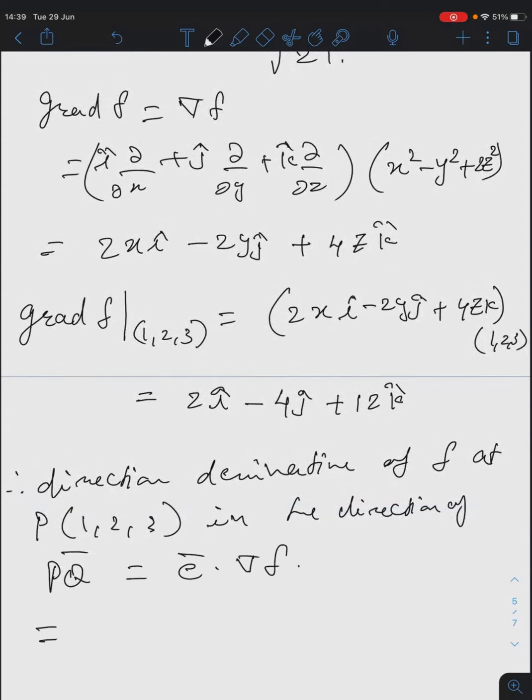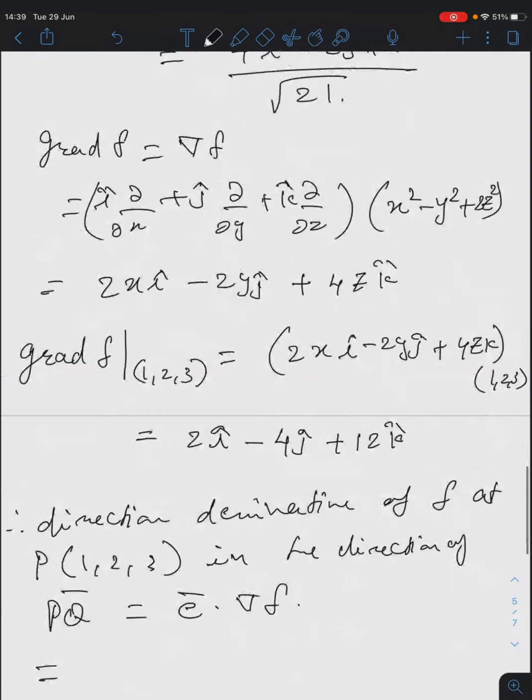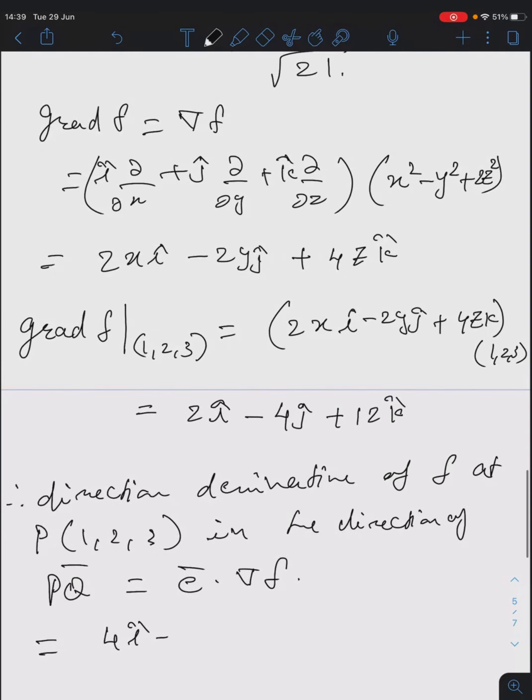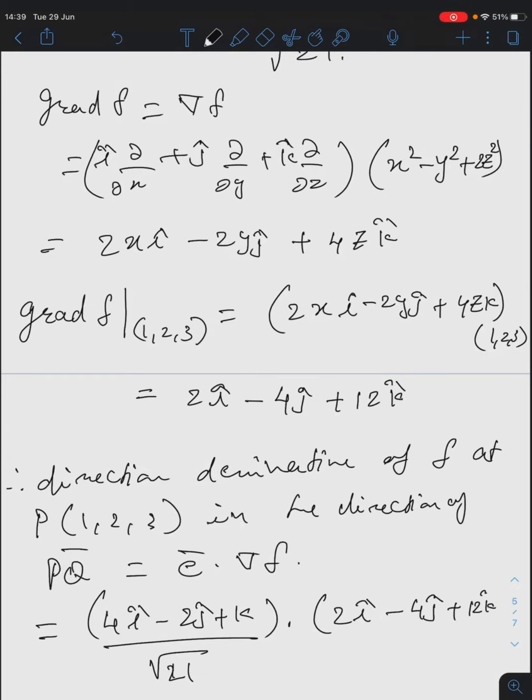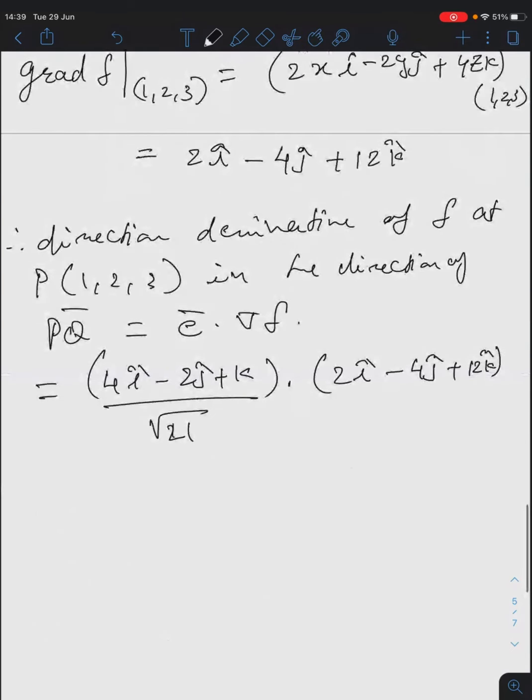What is e bar? You have 4i minus 2j plus k by root over 21, dot del f, which is 2i minus 4j plus 12k. So you need to take the dot product here. Calculate and tell me the answer.